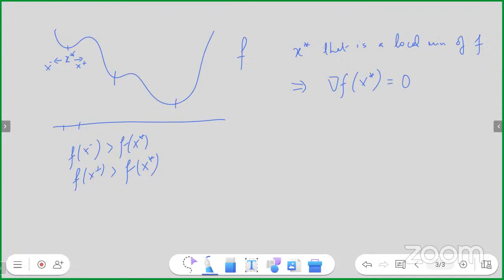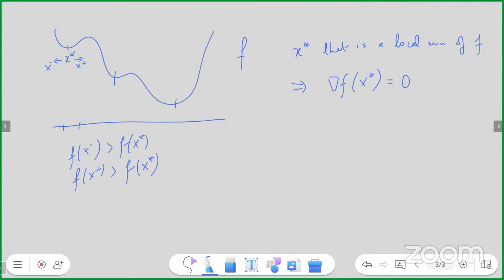Because my definition of local neighborhood, I didn't specify an epsilon. There exists an epsilon. That's all I specified. So you could choose however small. You don't have to have it for all epsilon. That's true.